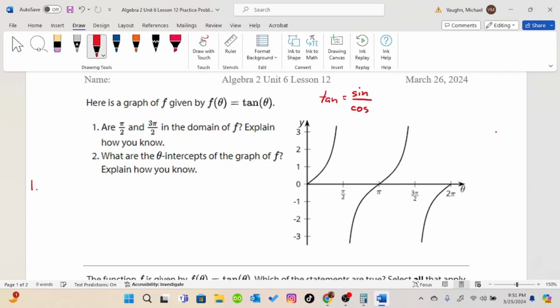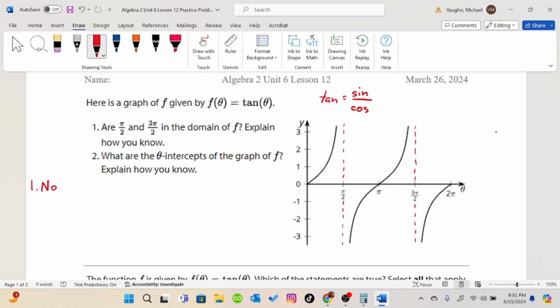So number 1, no, they're not in the domain. If you look, you actually have asymptotes at these two numbers, where the graph will get closer and closer and closer, but will never actually touch.